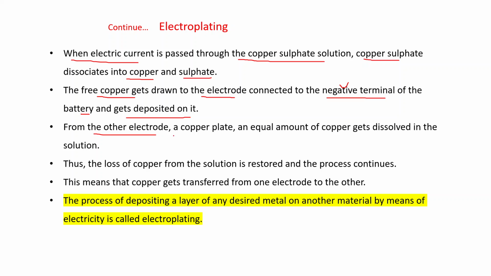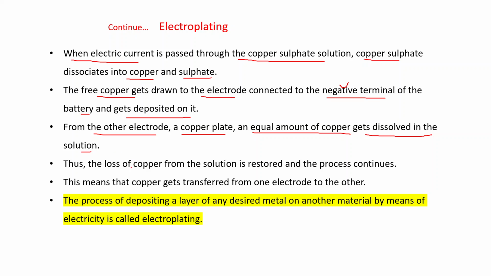From the other electrode, a copper plate, an equal amount of copper gets dissolved in the solution. Now try to understand. From the solution, copper ions get deposited on the negative electrode, and from the other copper electrode, equal amount of copper dissolves in the solution.